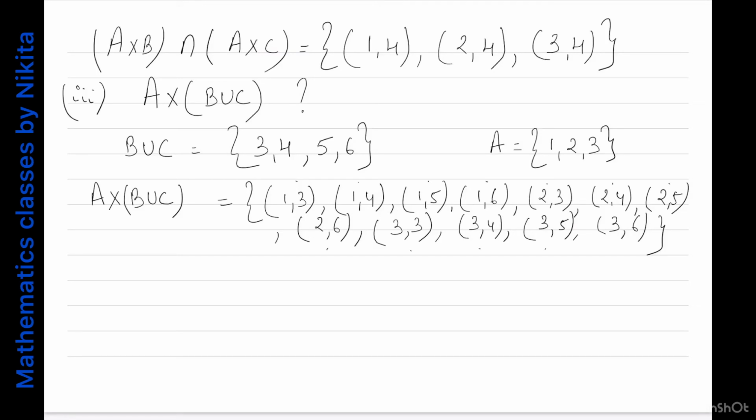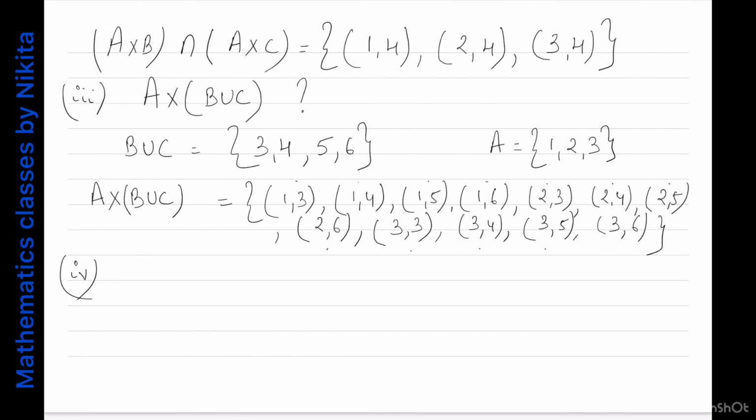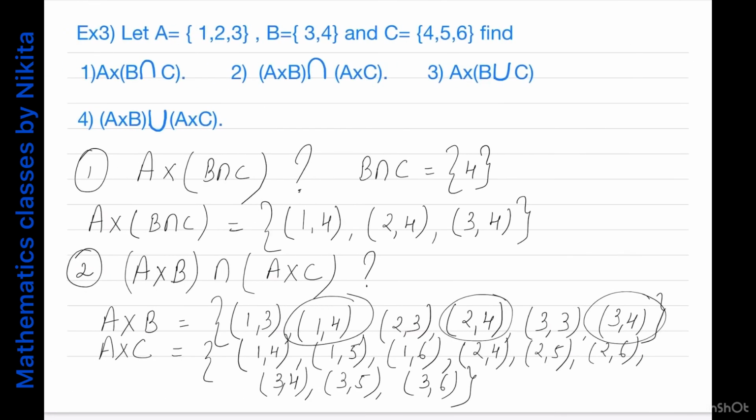Now next you have to find A cross B union with A cross C. Let us first find A cross B. A cross B we have already found out, so this is equal to this set, and A cross C is this set.